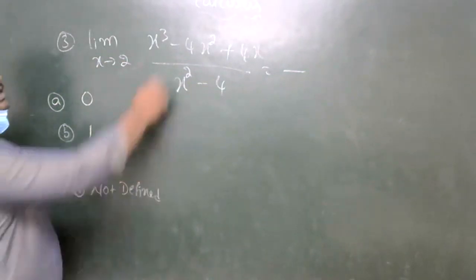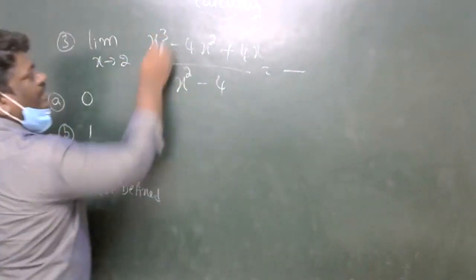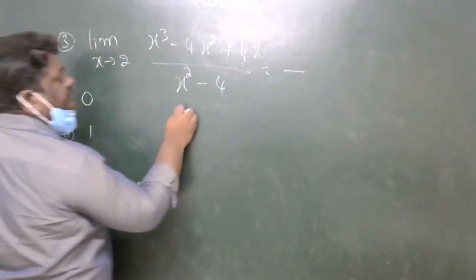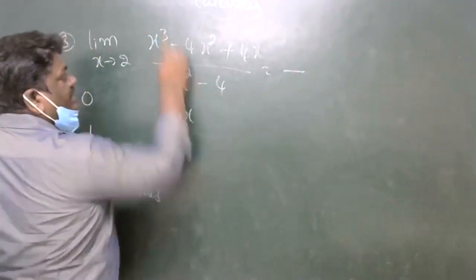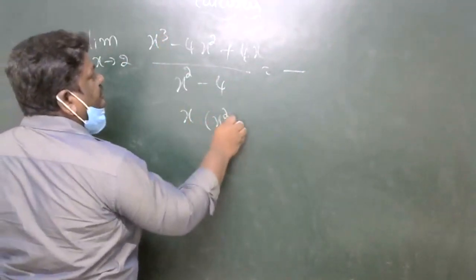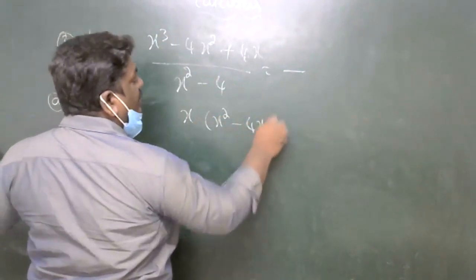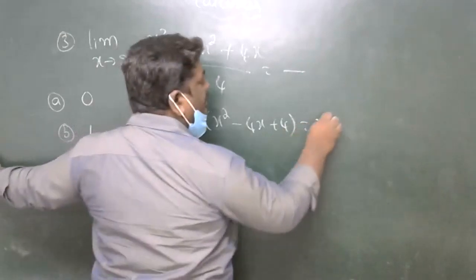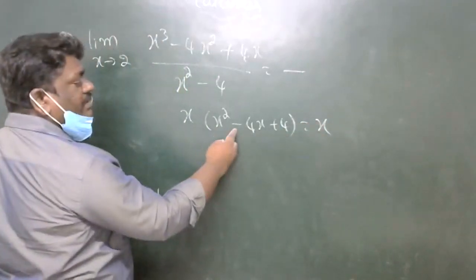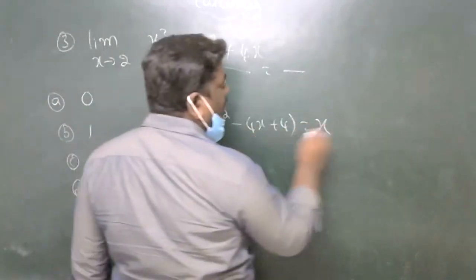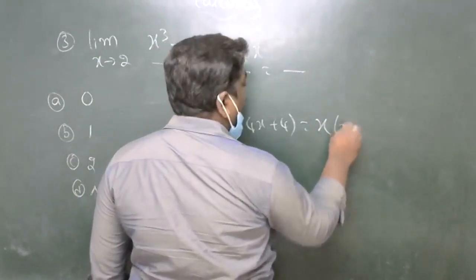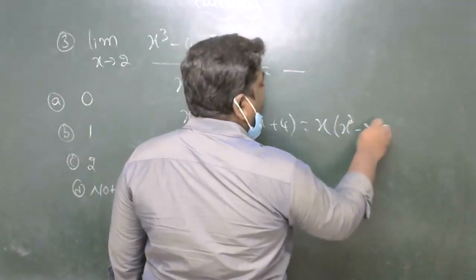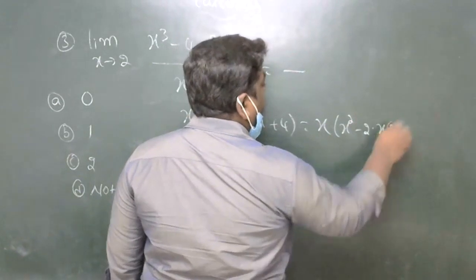So here you take x outside. If you take x outside, in this you are going to get x square minus 4x plus 4. This is of the form a square minus 2ab plus b square. You can write x square minus 2 into x into 2 plus 2 square.